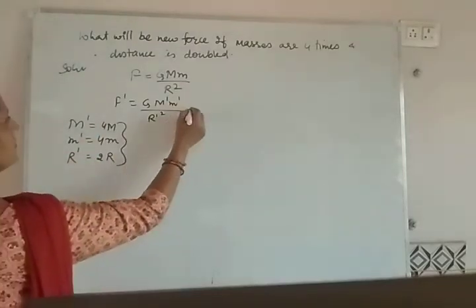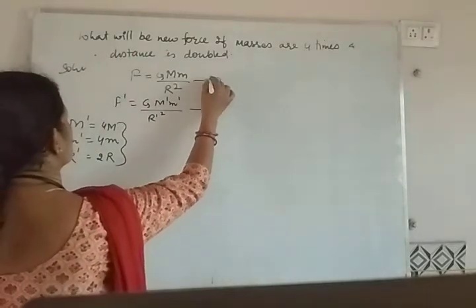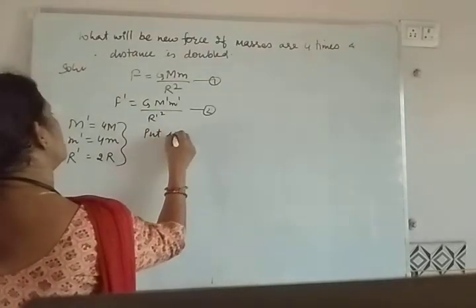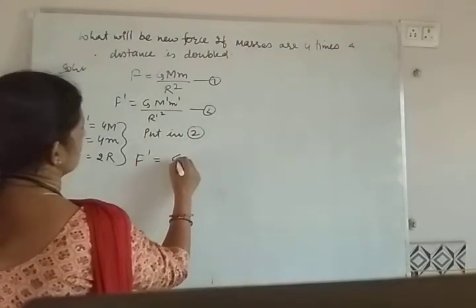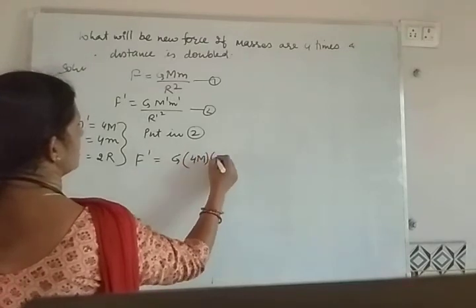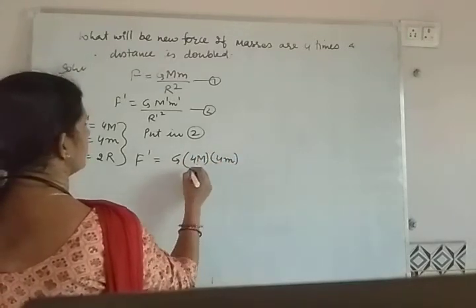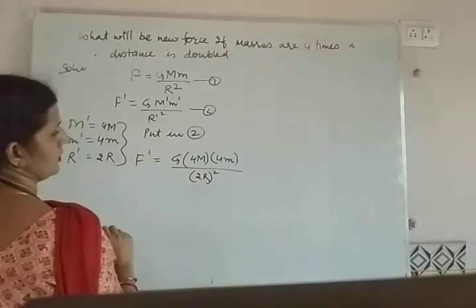Put all these values in equation 2. This is equation 1. Put in 2, you will have F dash is equal to G, M dash is 4M, small m dash is again 4m, divided by 2R whole square.